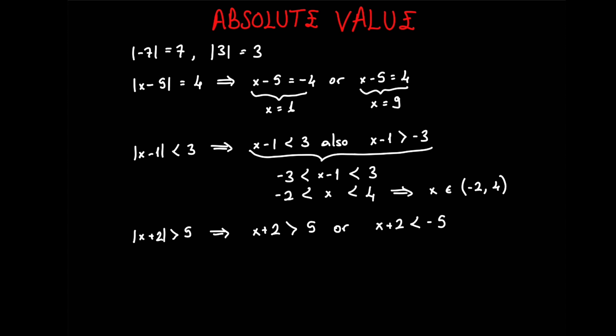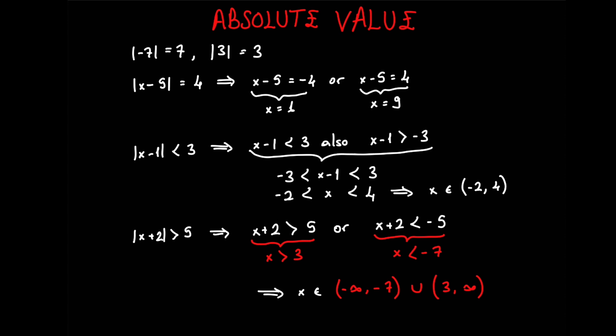And this is what the example tells us to do. So from here, we see that x is higher than 3. And from here, we see that x is lower than minus 7. So x can be any value from minus infinity up to minus 7, unified with 3 up to infinity.